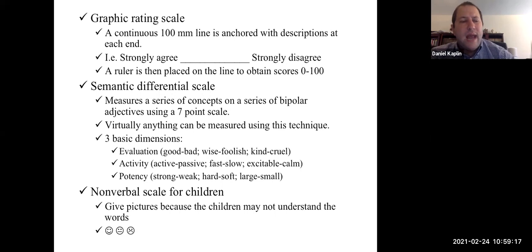Now, what happens when you have individuals who may not have the vocabulary or understanding of complex emotions, let's say? You can allow people to rate things using pictures. So these emojis on the bottom. Now, this is routinely done in a hospital for pain.